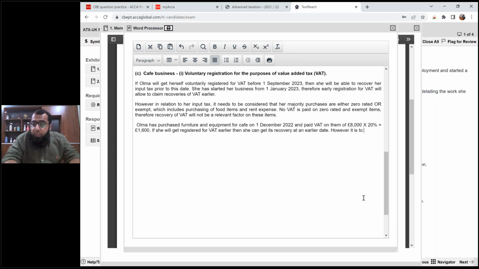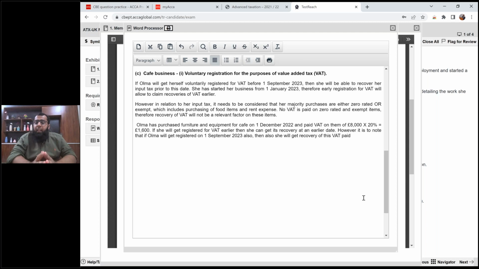However, it is to note that if Alma will get registered on 1st September 2023 also, then also she will get recovery of this VAT paid. Why she will get recovery? Can anyone tell me? Because when you get registered for VAT, you can recover the pre-registration input tax of last 4 years.